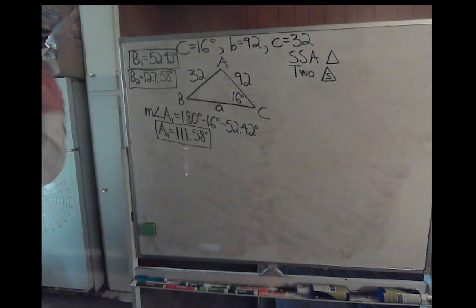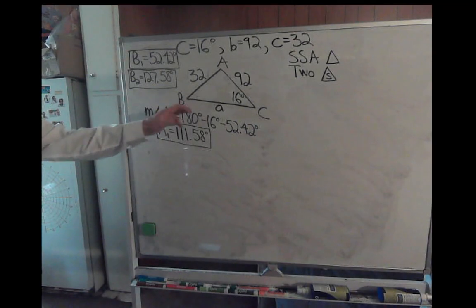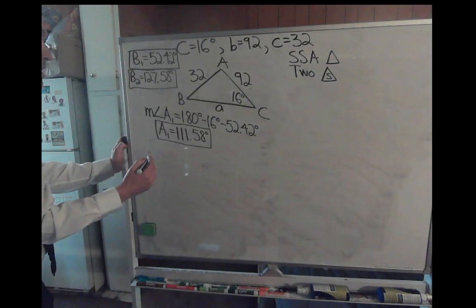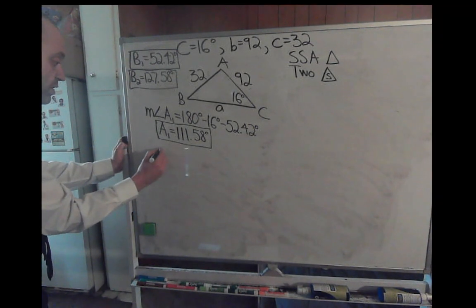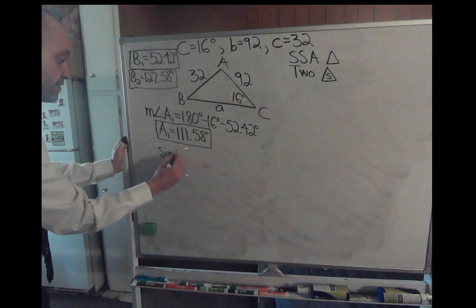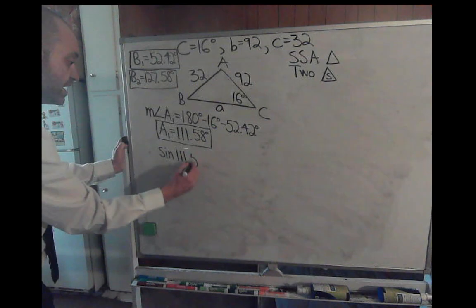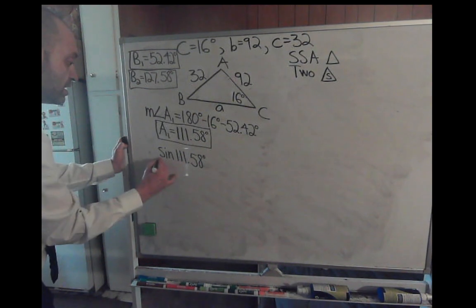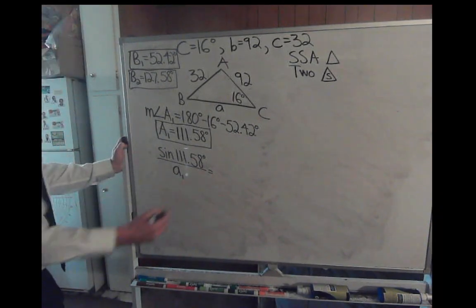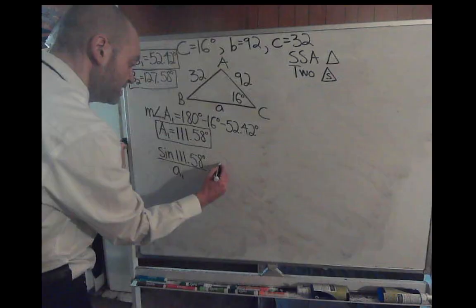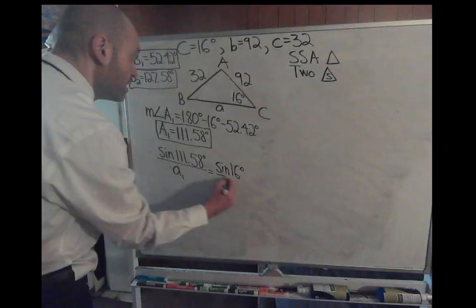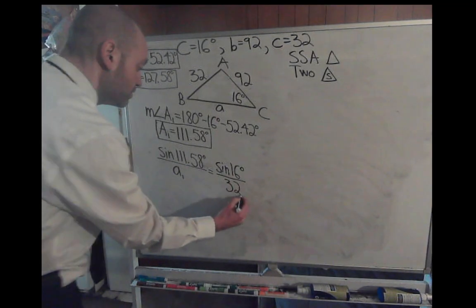So now for your first triangle, you know angles A, B, and C. So let's find side A. Well, we know the sine of angle A sub 1, which is the sine of 111.58 degrees, all over, we'll call this side A sub 1, equal to the sine of C, which is the sine of 16 degrees, all over that 32.